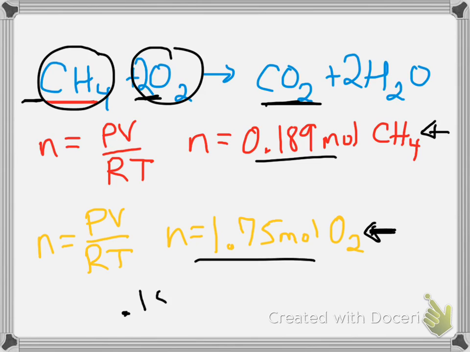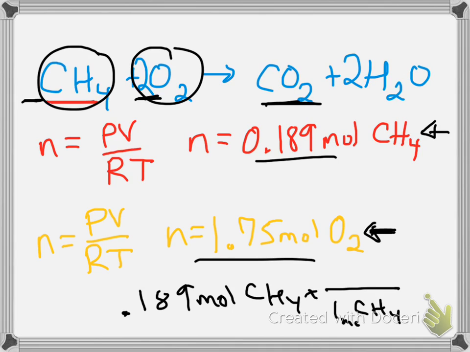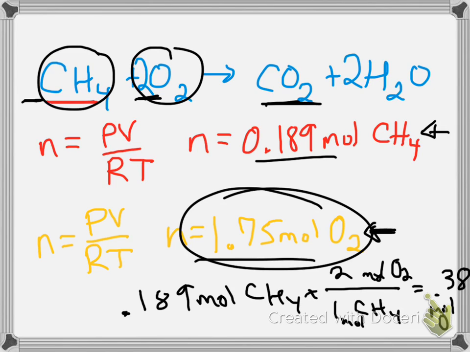If we have 0.189 moles of methane, and we convert it into moles of oxygen, at 1 mole of methane for every 2 moles of oxygen, we would get about 0.38 moles of oxygen. I want you to notice we have a lot more than 0.38 moles of oxygen.